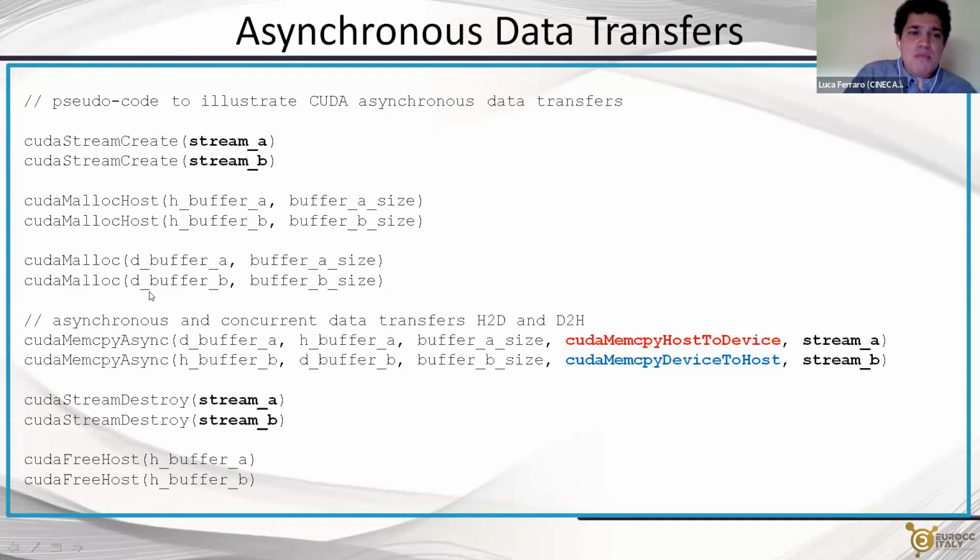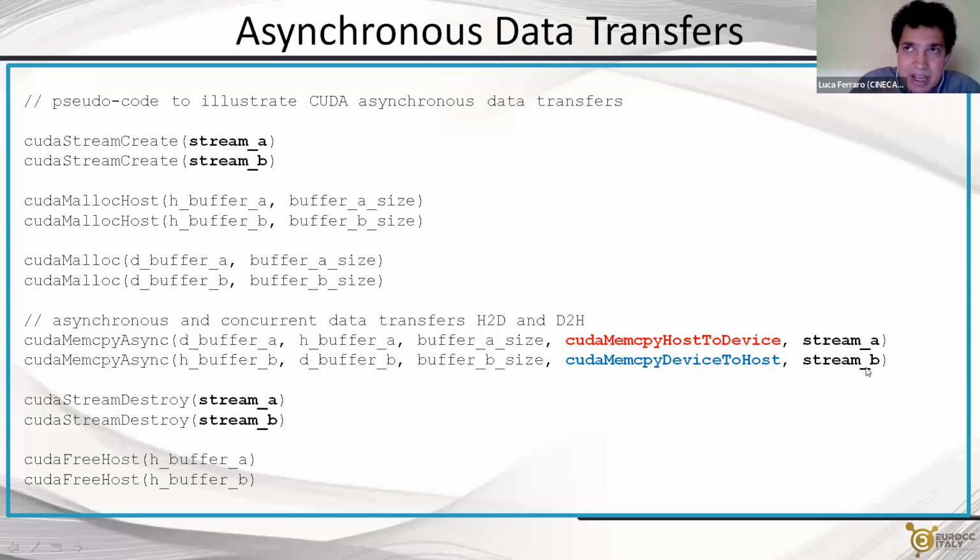And here we can move data from the host side to the device side using the CUDA memcopy async API. This will transfer the data from host buffer A onto device buffer A, enqueued in stream A, and concurrently, for example, transfer data from device buffer B onto host buffer B on another stream.